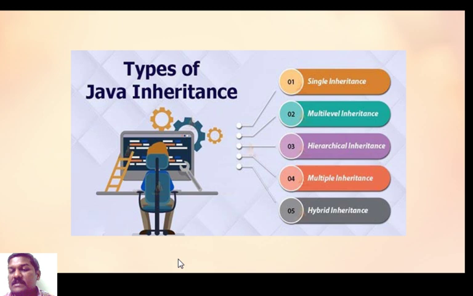First one is single inheritance, then multilevel, then hierarchical, multiple, then hybrid. These are the 5 categories of inheritance. Java has 5 categories of inheritance, but some of the inheritance types might not be implemented in Java. What are those? We'll discuss one by one.